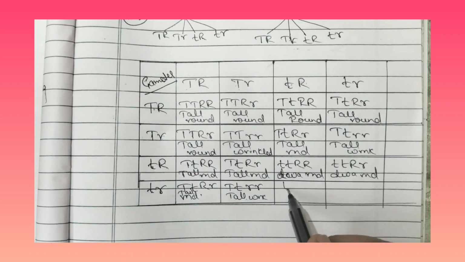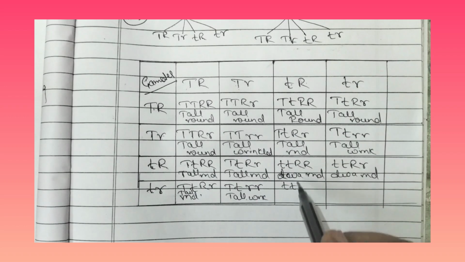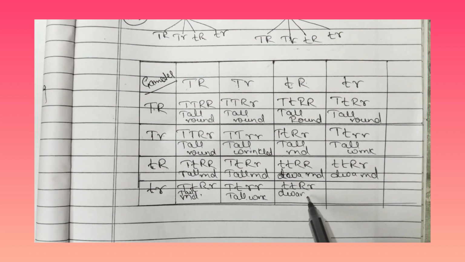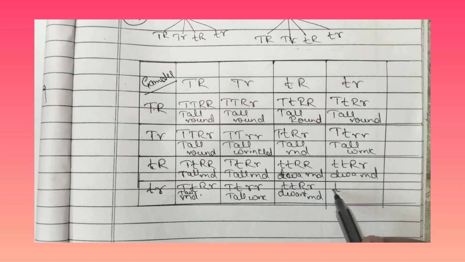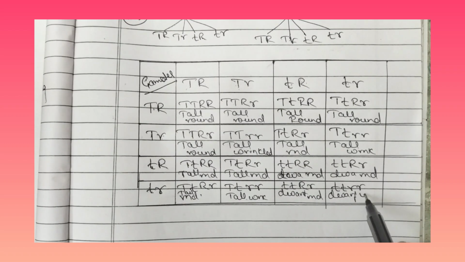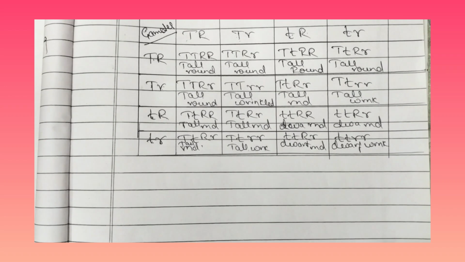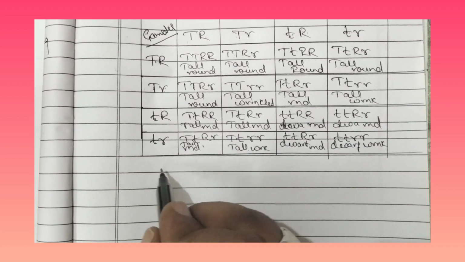Small t, small r, capital R. It will be dwarf, round. Small t, small r, it will be dwarf, wrinkled. So these are the possibilities. So ಈಗ ಇದು ratio ಬರೆಯೋಣ.